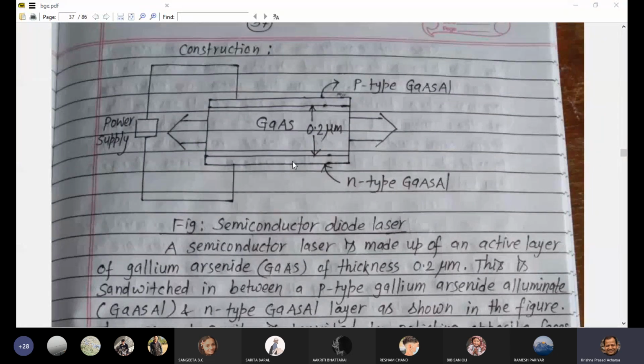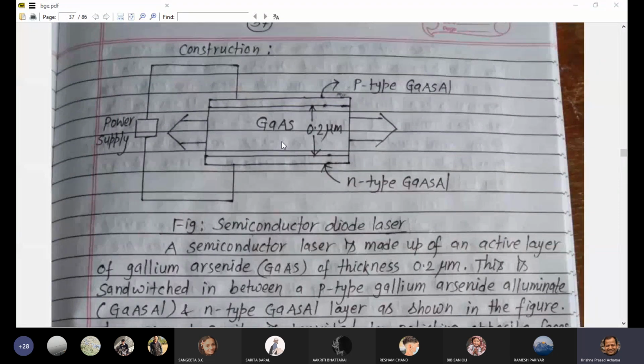So the electrons from N region move towards the P region, and during that time, they emit photons due to the transition of electrons from conduction band to the valence band.